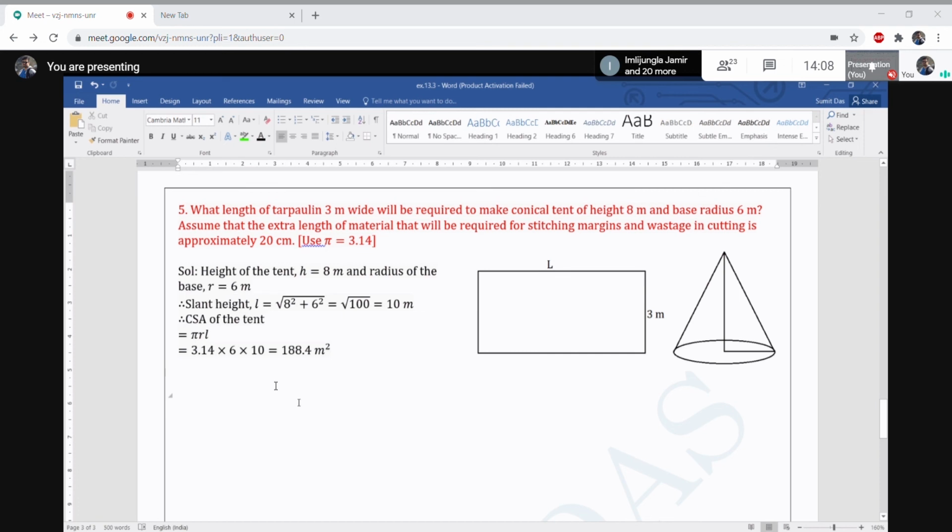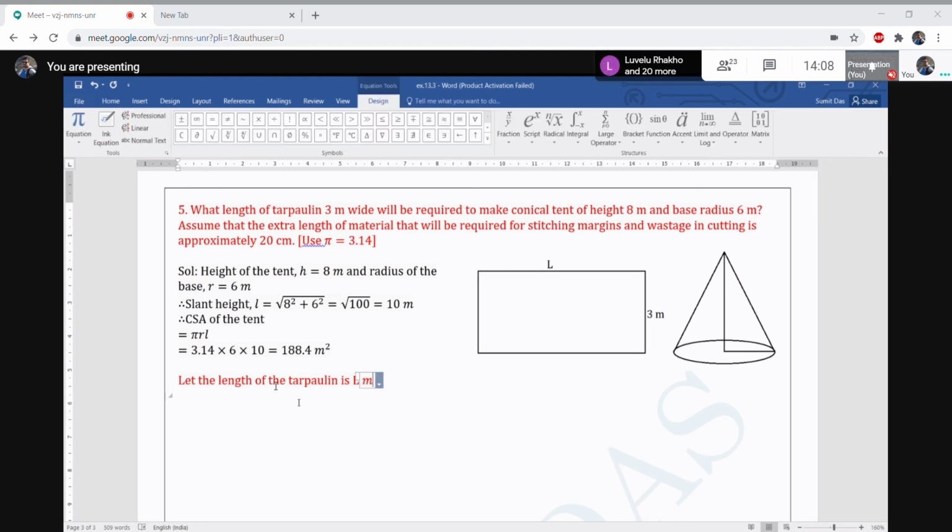So we'll take the length of the tarpaulin as L meter.